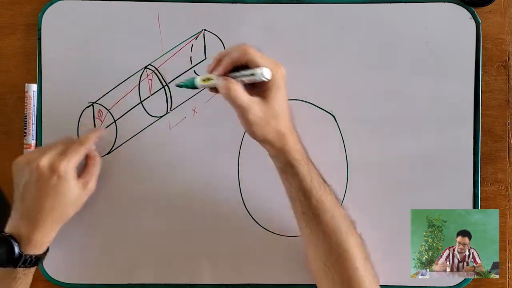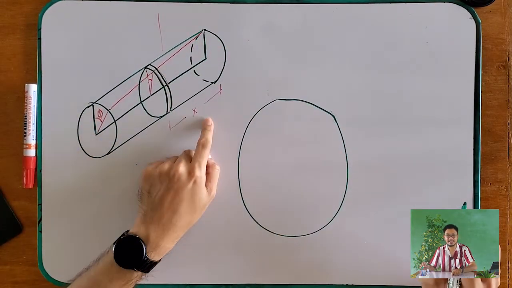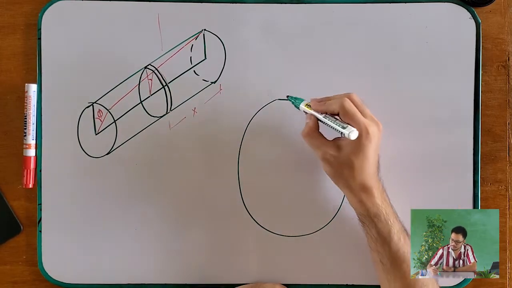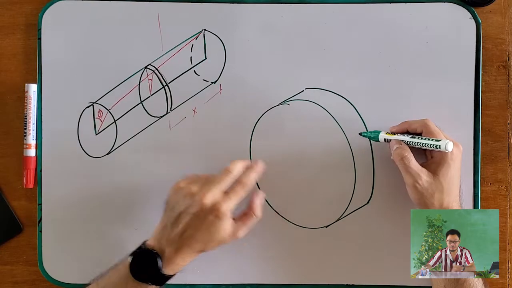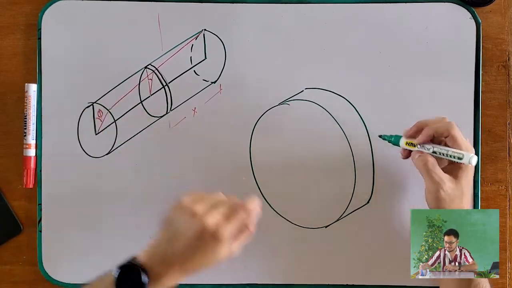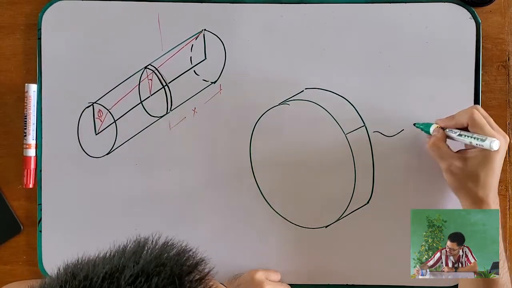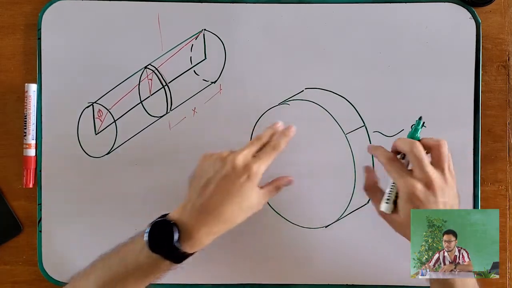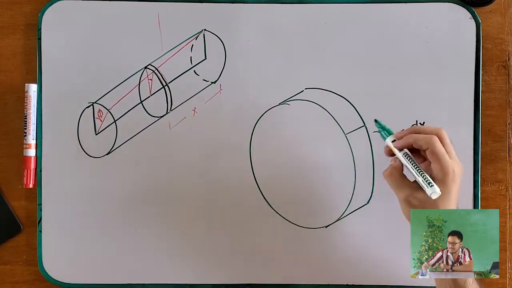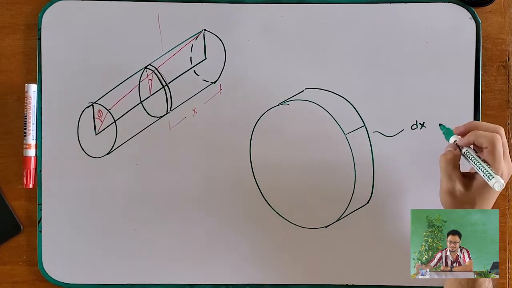And kana nga element is from a distance of X from the rear. Okay? And again, kung magkuha ka og differential element sa imong material, always, ang thickness ana niya is dx. Okay? So, nagkuha ko plate again, and then ang thickness atong plate is dx.